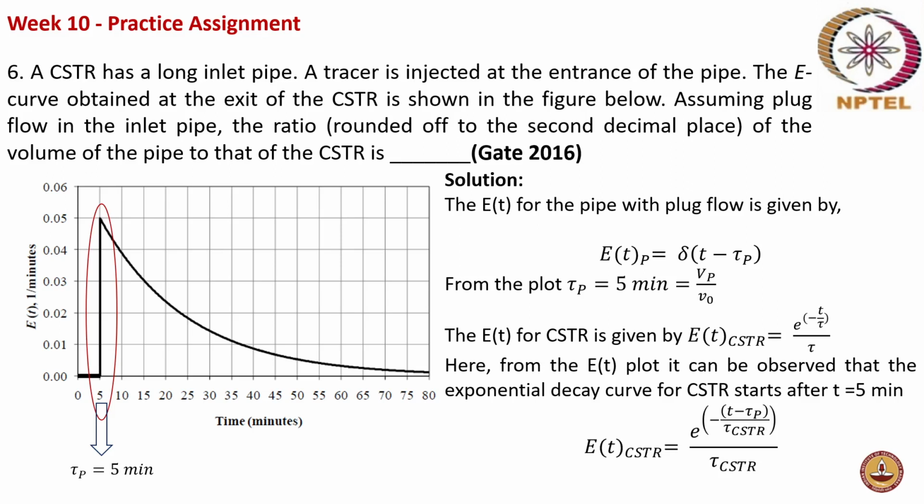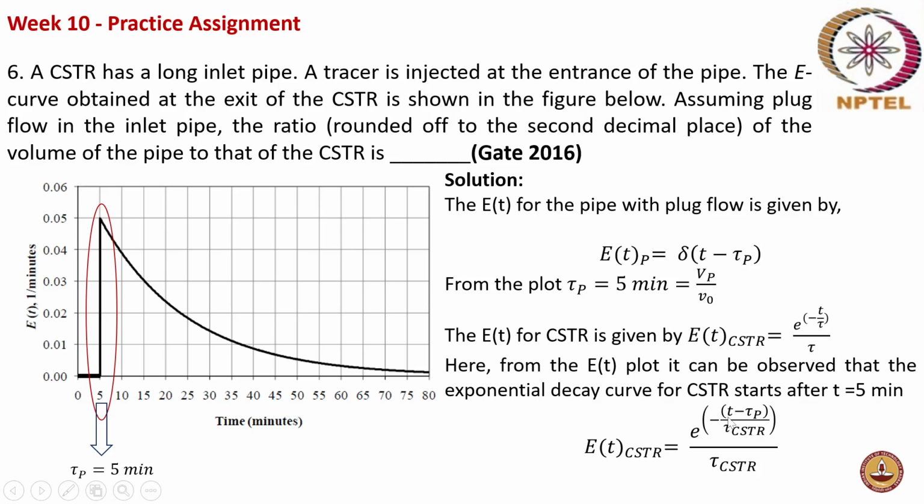So the exit age distribution expression for this CSTR having a long inlet pipe is exponential of minus t minus tau p divided by tau of CSTR, the whole divided by tau of CSTR. We write t minus tau p to account for the fact that material will start coming out of the CSTR only after a time lag of 5 minutes, because it first has to pass through the inlet pipe and then through the CSTR. That is why we are including the minus tau p.